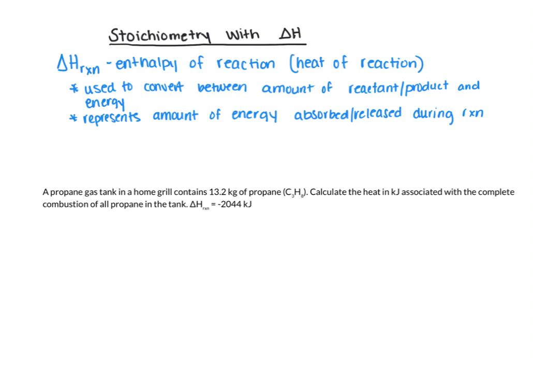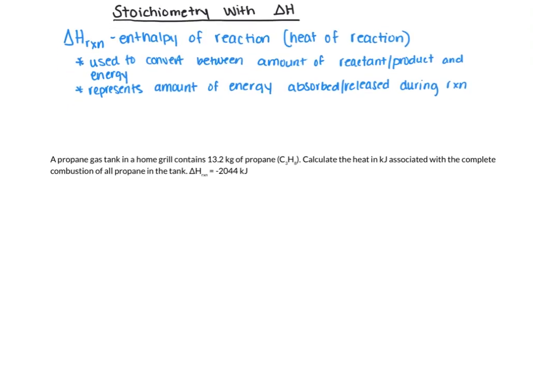Okay, so let's do an example of a problem where we're using delta H of reaction. And as I said, we can use stoichiometry to figure out how much energy is absorbed or released during this reaction. So here's our practice problem. You can go ahead and pause the video here if you would like to copy it down.